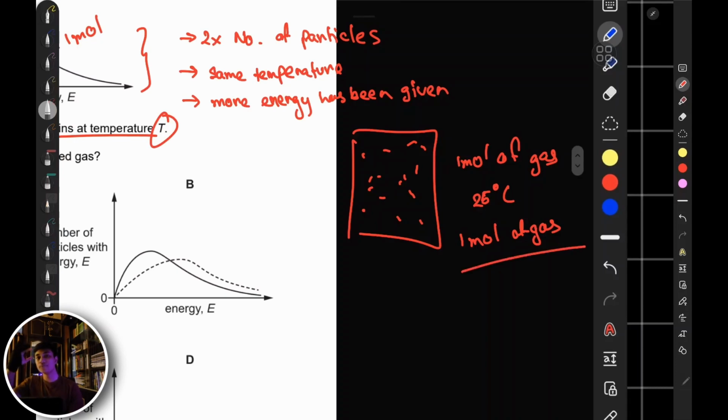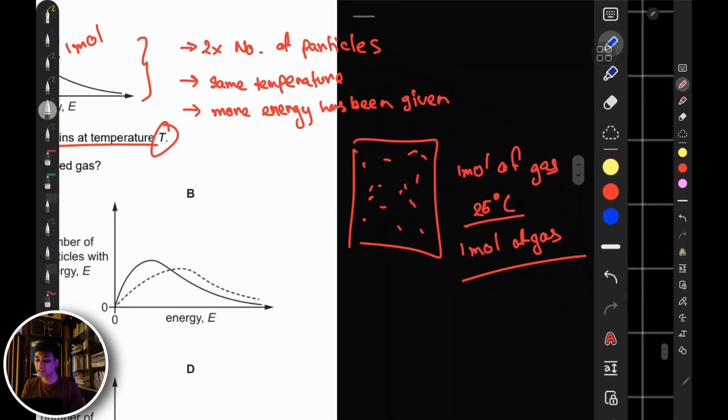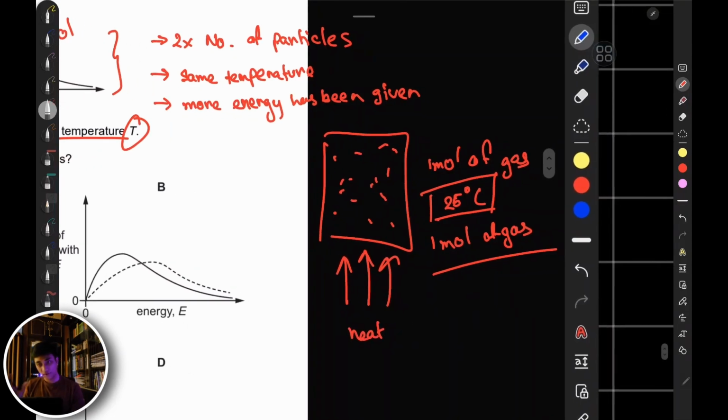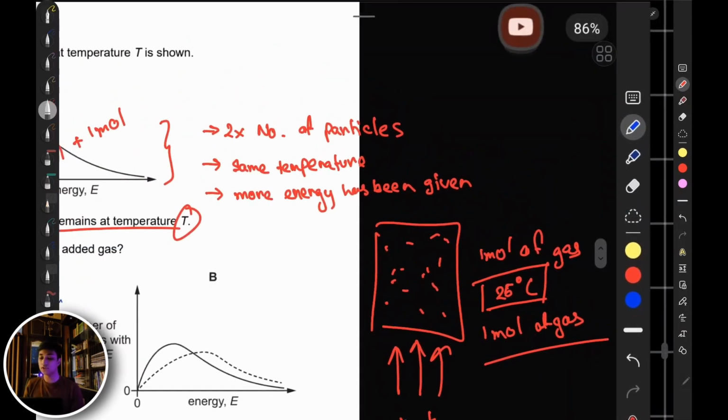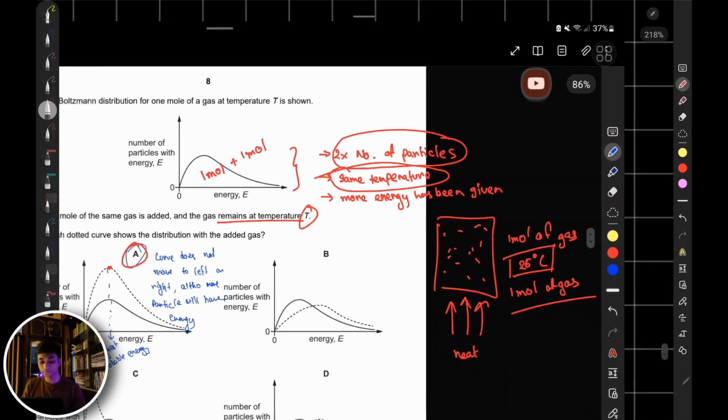So the temperature will decrease. However, they've mentioned the temperature stays constant. So let's say the temperature will stay at 25 degrees Celsius. What do you do then? You have to add more heat. You have to give more energy, for which the temperature stays constant. So we have deduced the number of particles has increased and the temperature stays constant.